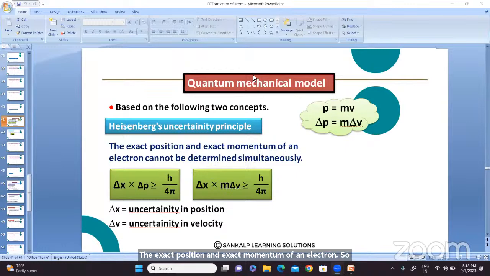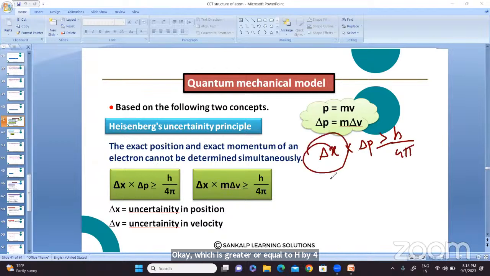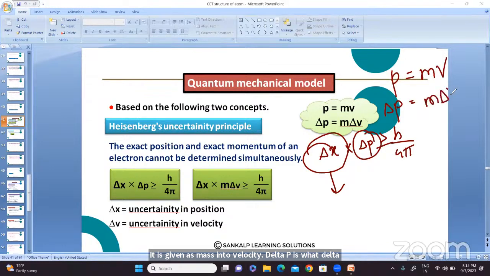The mathematical expression of Heisenberg's principle is delta x into delta p greater than or equal to h by 4 pi. Delta x is the uncertainty in position. P is momentum, given as mass into velocity, so delta p is the uncertainty in momentum, which can also be given as m into delta v.